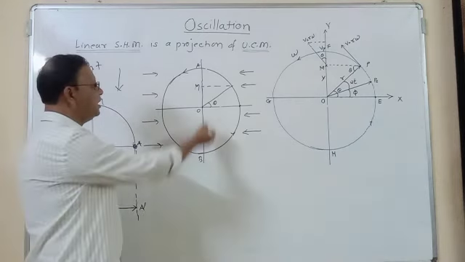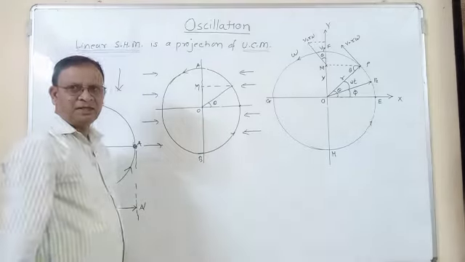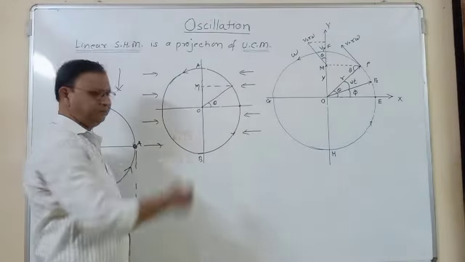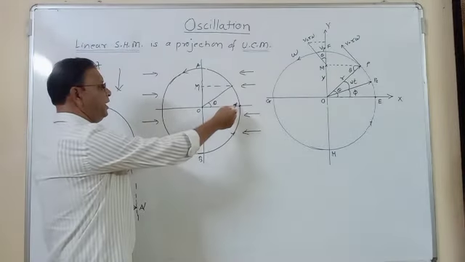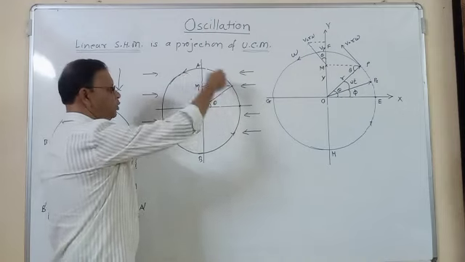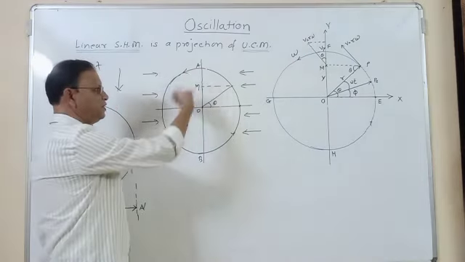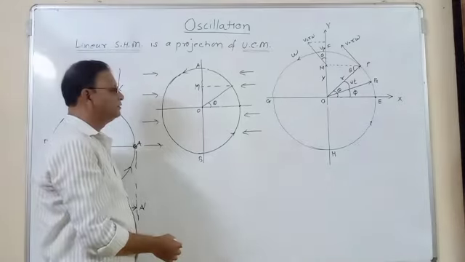We can take an example in which there is a vertical oscillatory motion. Suppose the particle is performing circular motion along the circumference in the anticlockwise sense.